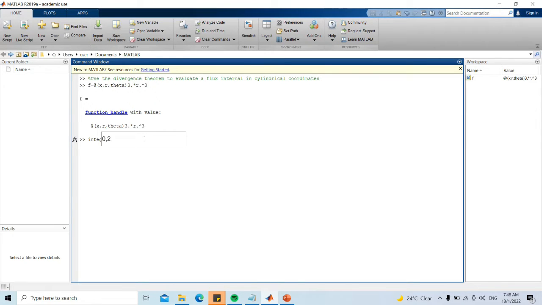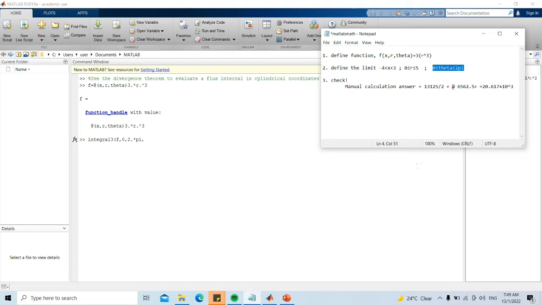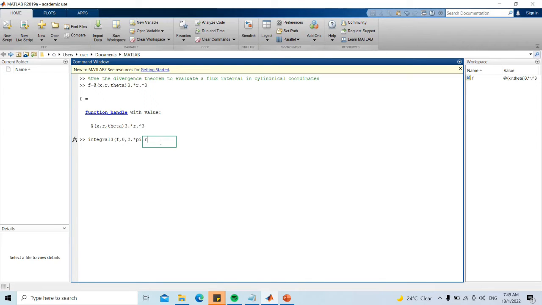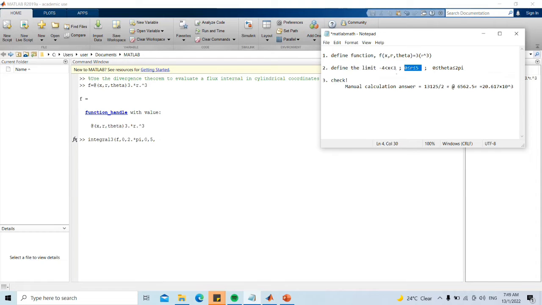So theta is equal to 0 and theta is equals to 2 pi. Next, for the limit of radius is from 0 to 5. So r is equals to 0 and r is equals to 5. Lastly, the limit of x is from -4 to 3.